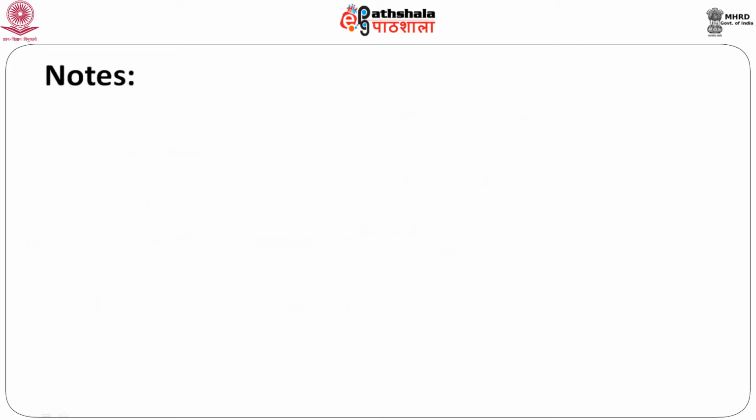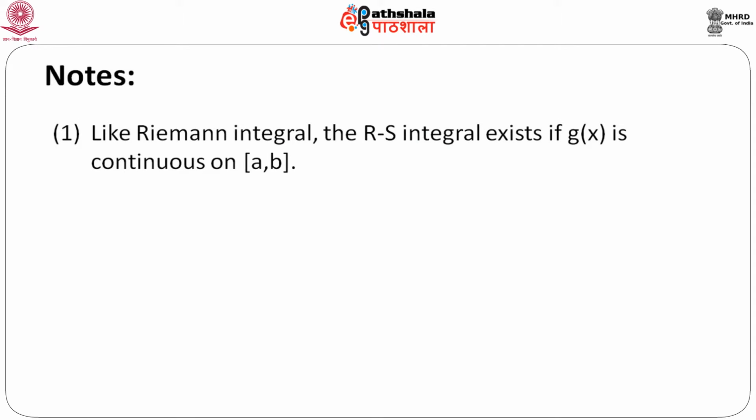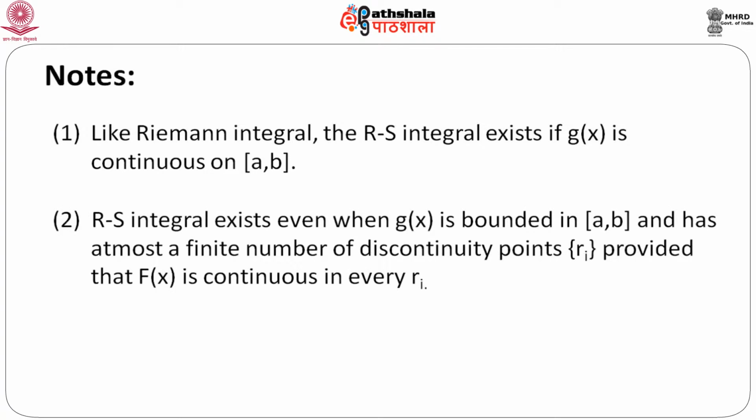A few notes: the Riemann-Stieltjes integral, denoted by RS integral, exists if g(x) is continuous on [a, b]. The Riemann-Stieltjes integral exists even when g(x) is bounded within [a, b] and has at most a finite number of discontinuity points, provided that capital F(x) is continuous at every such discontinuity point of g(x).